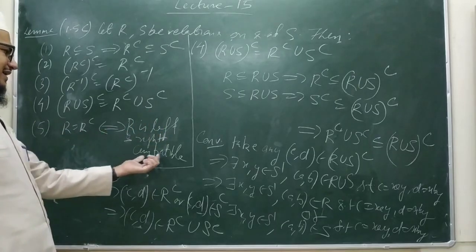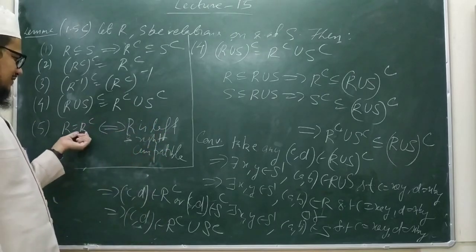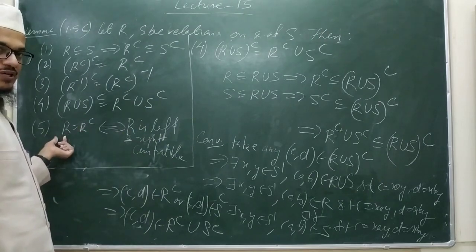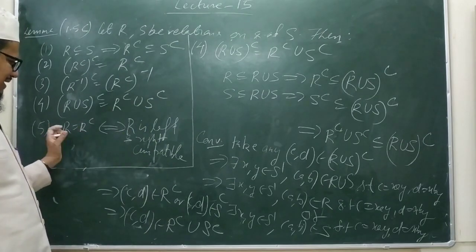When R is left and right compatible, then RC is equal to R. You have to check this. One part is trivial, that is R is contained in RC.